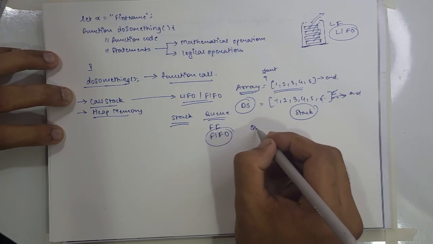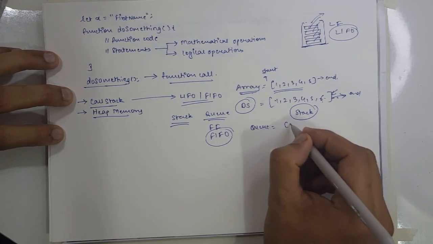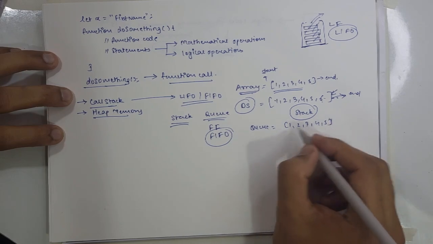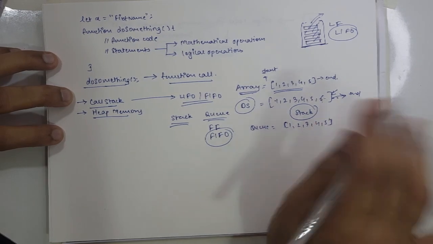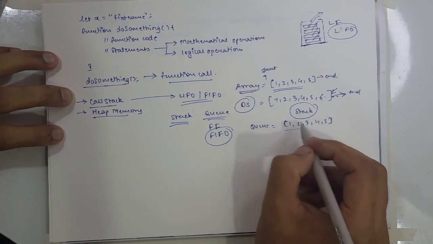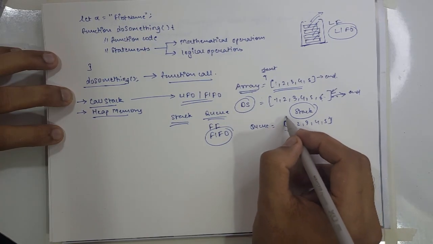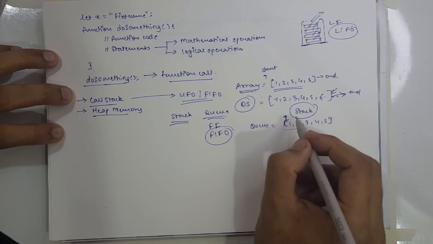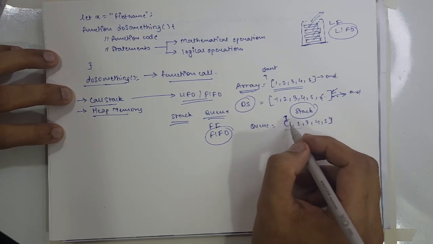And in a queue, assume a queue is also the same. Don't get confused with these square braces, but a queue is different. It's not like an array, but it is also a collection of values. But in a queue, you can add a value and you can remove a value from the starting position.